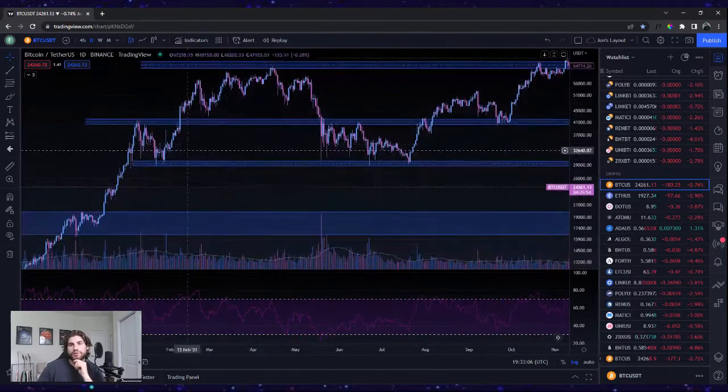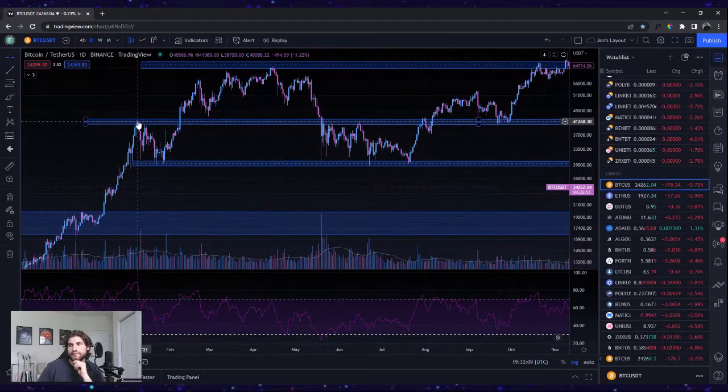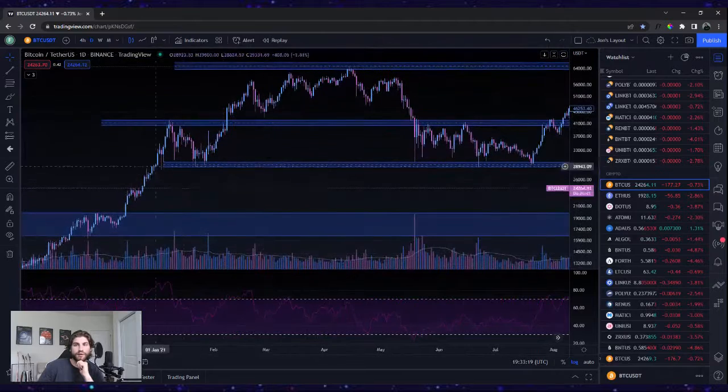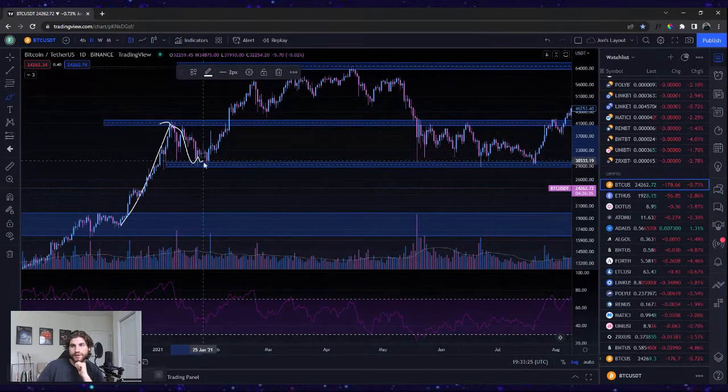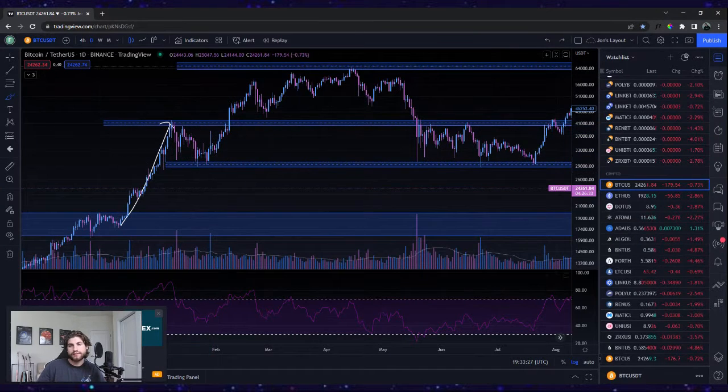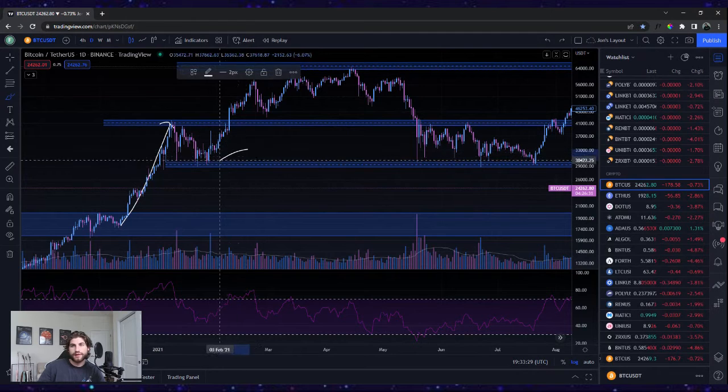So if you see here, when we first rallied up, we actually topped at about $42,000. And then we immediately came back and tested like $29,000, $30,000 as support, right? So we broke past it. And then we came down, we tested the support on 4 separate days that we had closes around there.